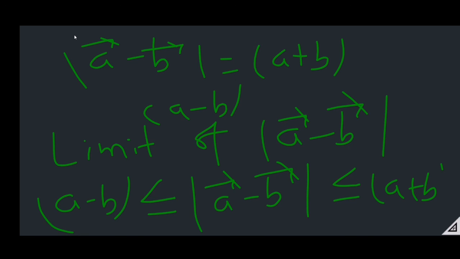It is maximum when the angle between the two vectors is 180 degrees, and minimum when the angle is 0 degrees. So this is the limit of a vector minus b vector.